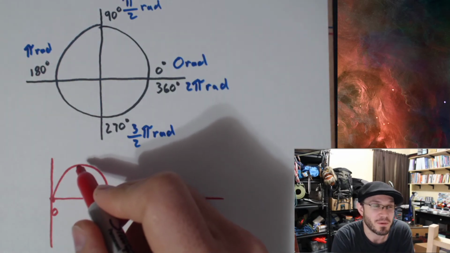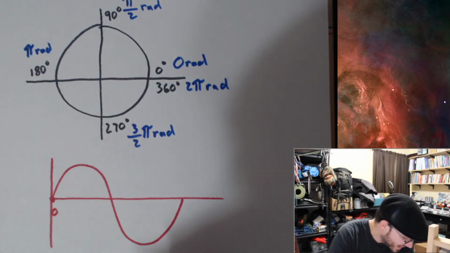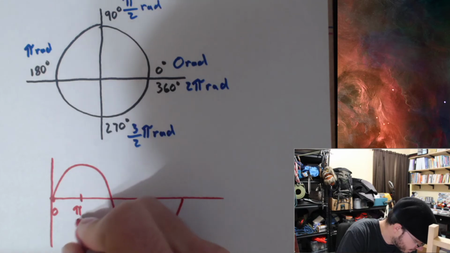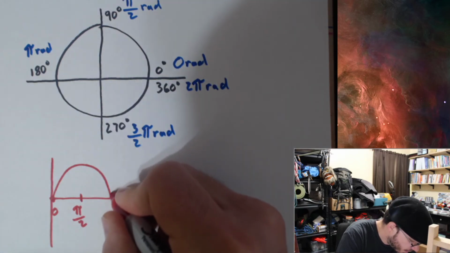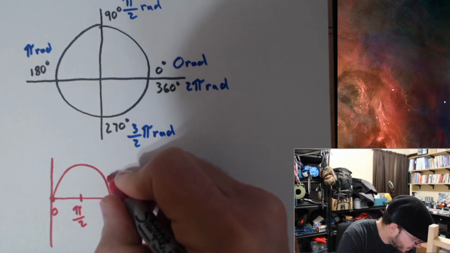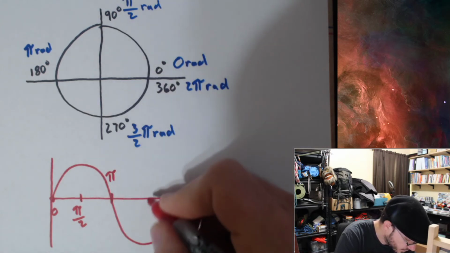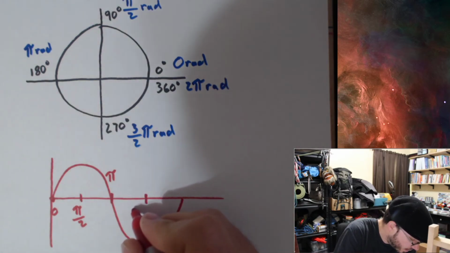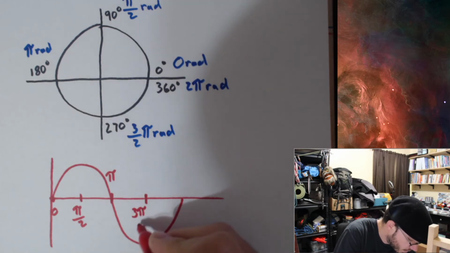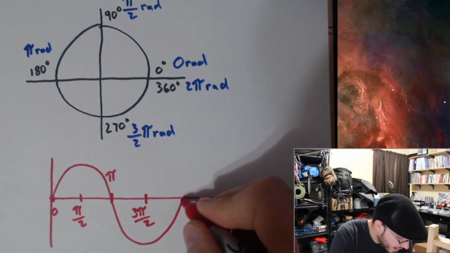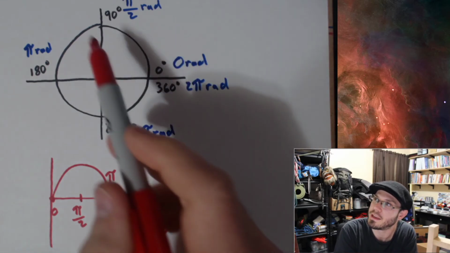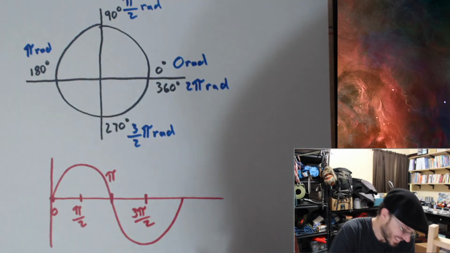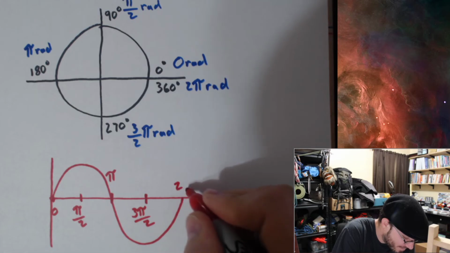We reach the peak at pi over 2. We cross the 0 axis at pi. We reach the lowest point at 3 pi over 2. And we complete this revolution around this circle at 2 pi.